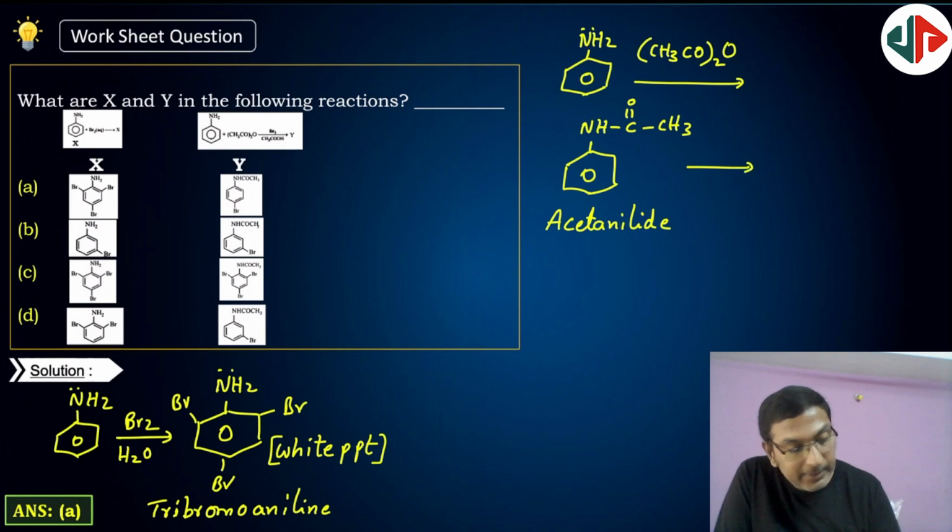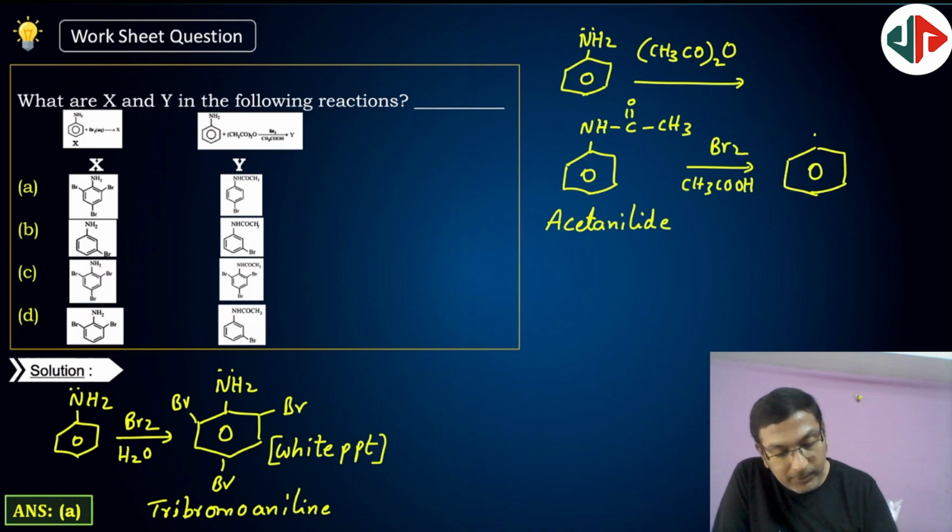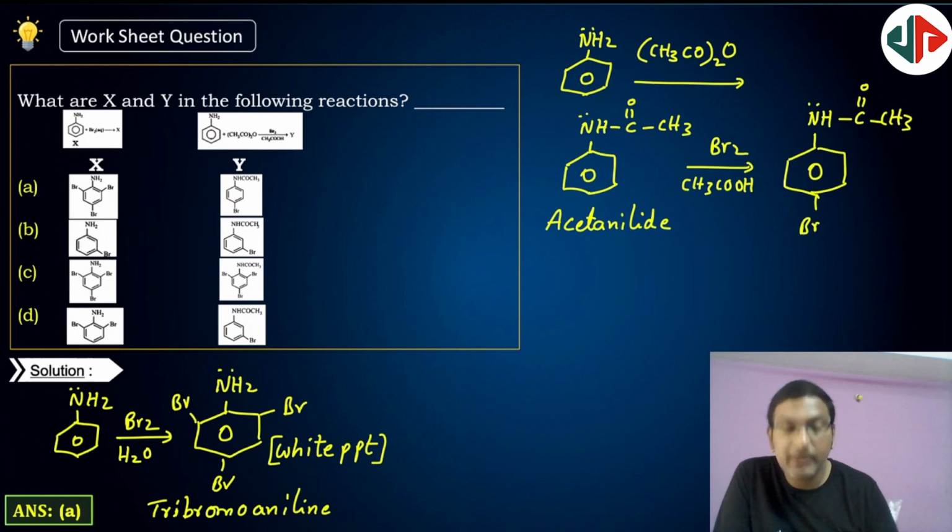So which one reacts with Br2 in the presence of acid, electrophilic substitution at only para position due to bulky group at ortho. NHCOCH3 and here Br. This is major compound.